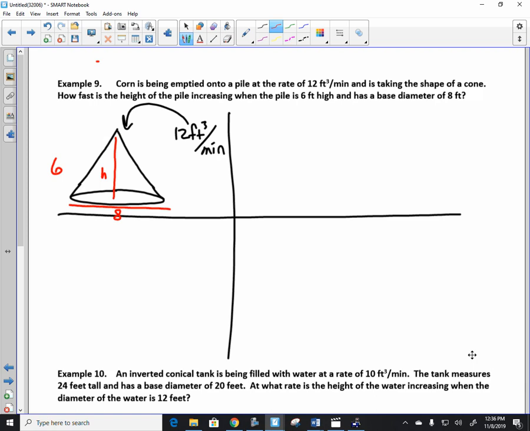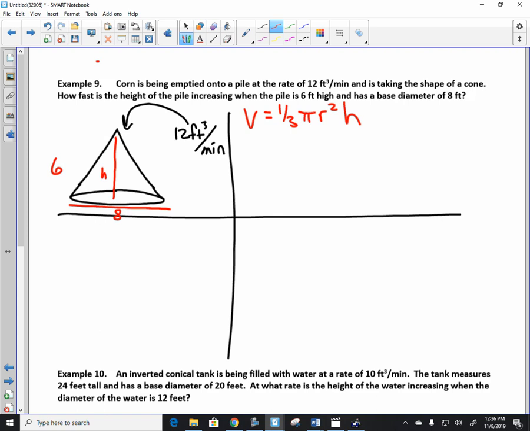This is a moment where we need to be able to see, do we truly understand what's going on? There's a lot of nuances to this problem. First of all, what formula do I need? Volume of a cone is 1/3 pi r squared h. Identify in the problem what's changing.